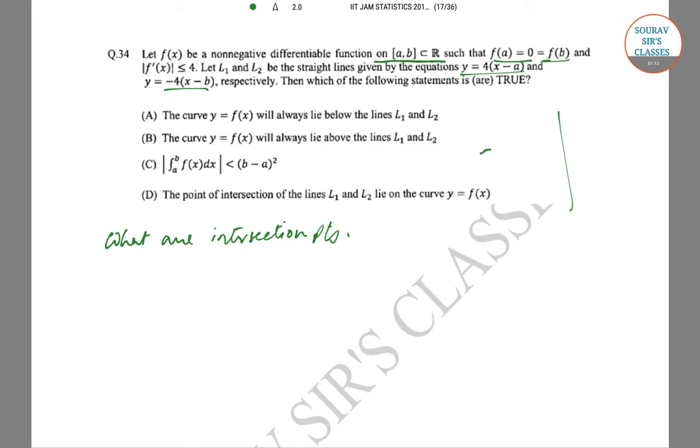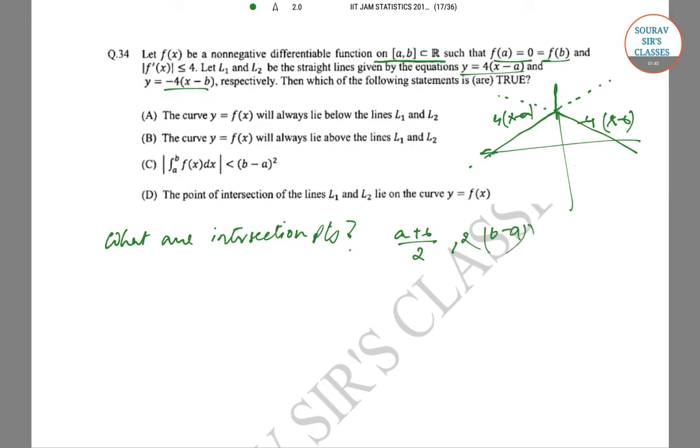Now the graph of the lines is something like this: 4(x - a) and this is -4(x - b). So what are the intersection points? The intersection points are (a + b)/2, just by solving the equations, and 2(b - a).